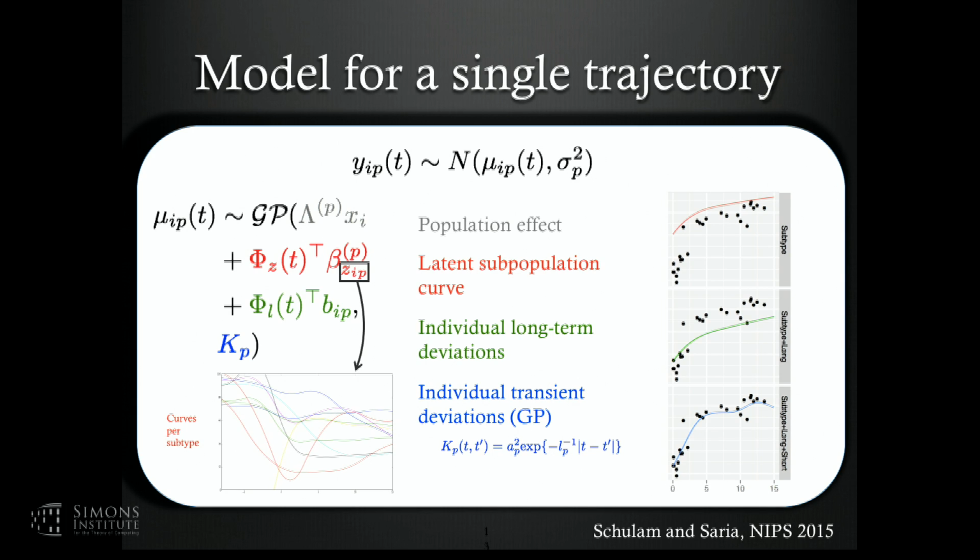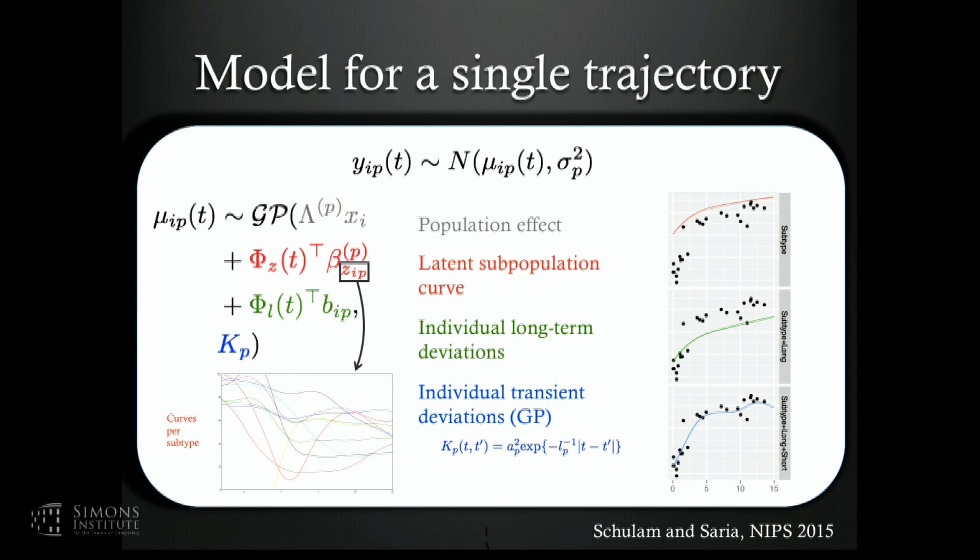And the Gaussian process model has a complicated mean function where it's looking at a population effect, taking into account people's individual covariates, their demographics, things like that. It's got a latent subpopulation curve, so we're going to say that the pool of people with chronic kidney disease can be broken up into many different kinds of subpopulations, and you belong to one of them, and so your curve is likely to look like this, right?